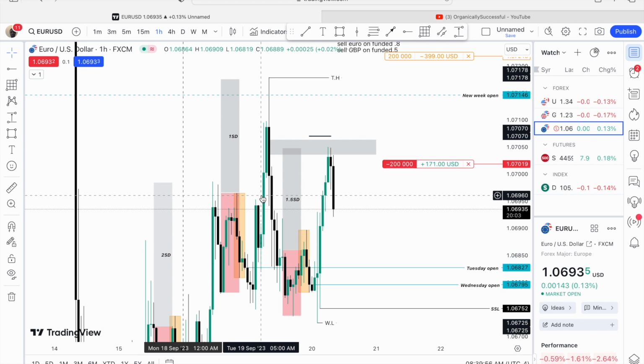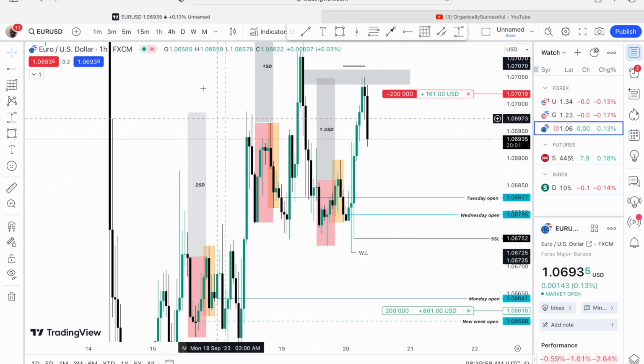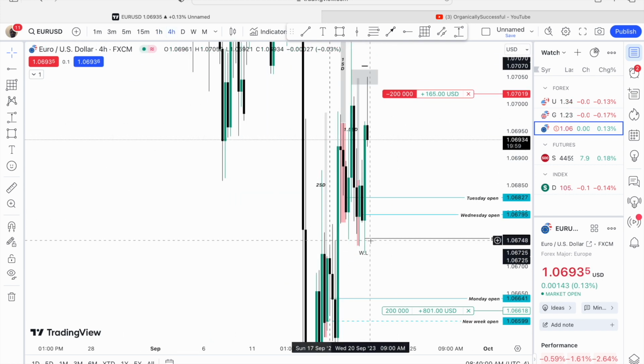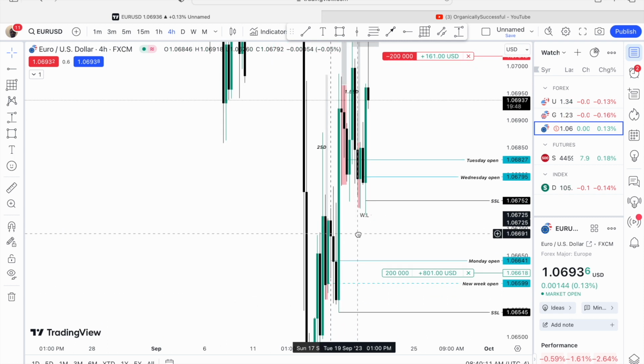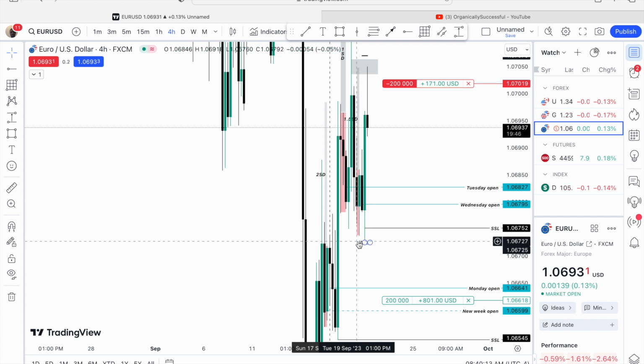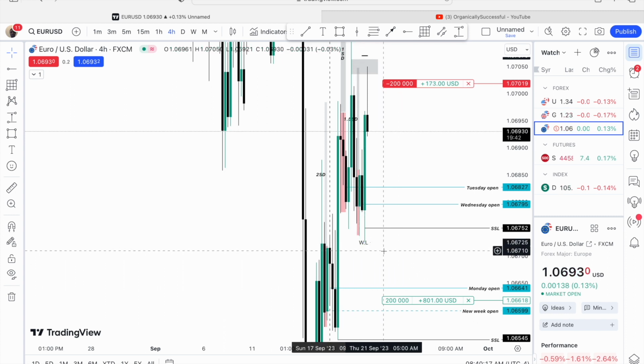So if you look back on the higher time frame, the 4 hour, we have a lot of equal lows here. Wednesday low, we have Tuesday low inside of here, Monday low at the bottom there, but expecting a draw to come back down because we're already expecting lower prices.